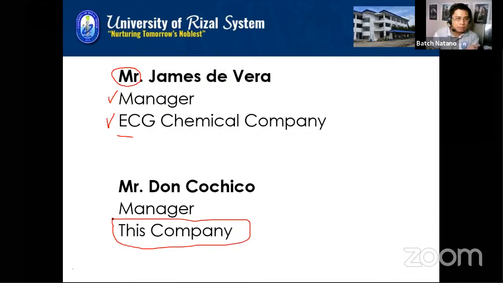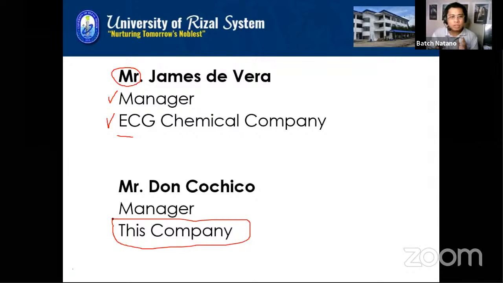Let's say, for example, Mr. Don Pacheco is working in ECG Chemical Company, and then you are also working in ECG Chemical Company. Again, the scenario goes like this. You are working in ECG Chemical Company, and then you are writing a letter to Mr. Don Pacheco, who is also working in ECG Chemical Company. So that's what we mean by communication within the organization.